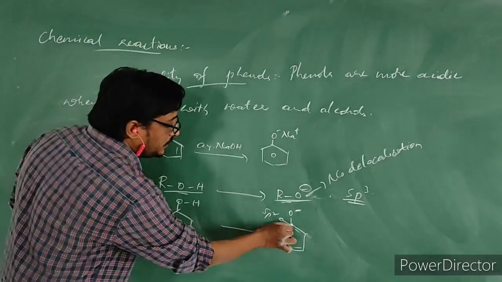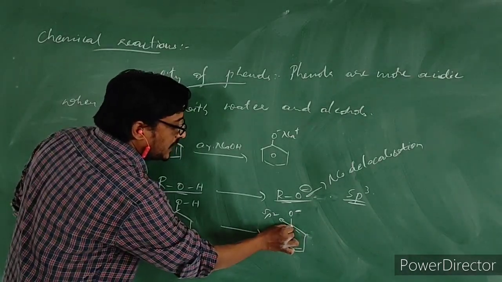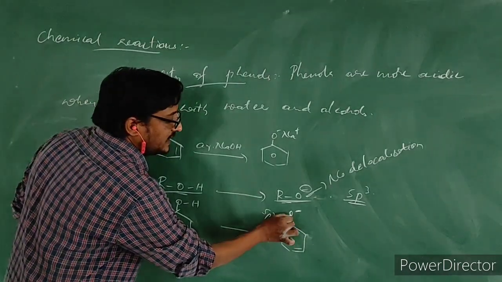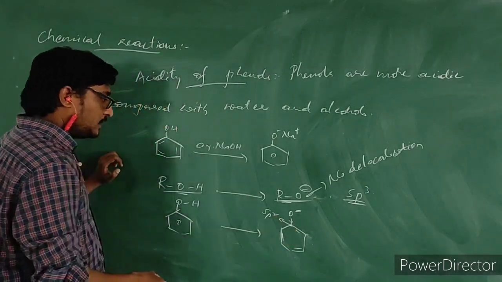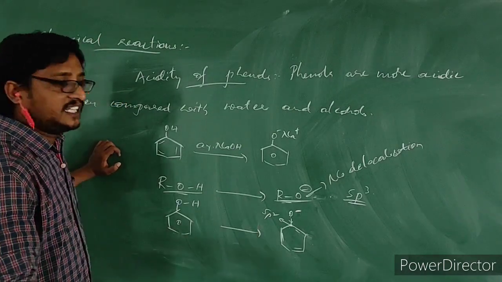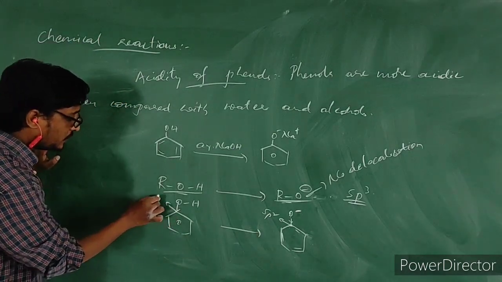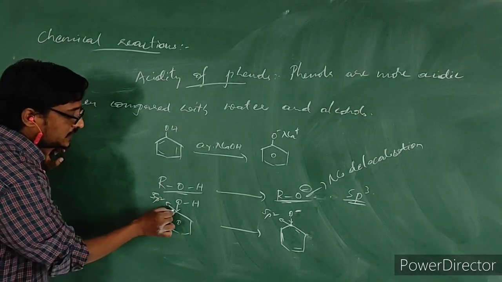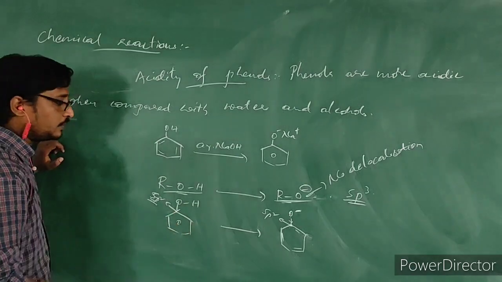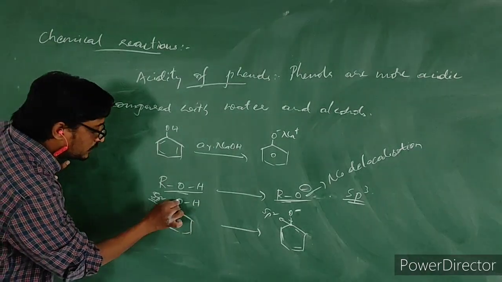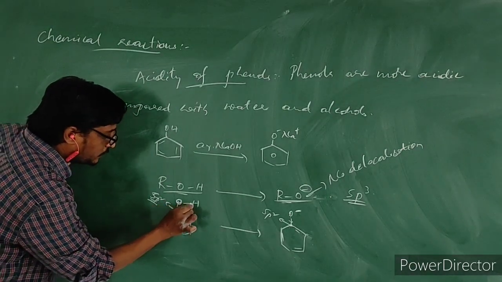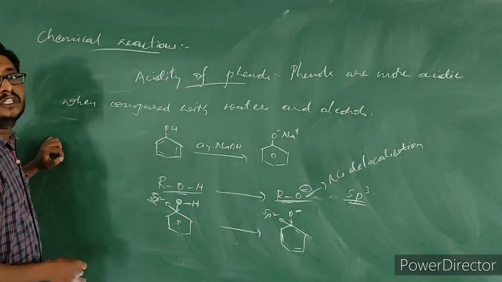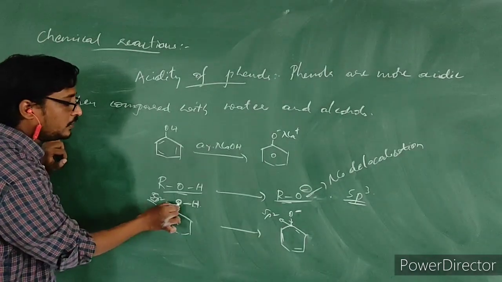Since its electronegativity is more, it will pull the electrons from this oxygen, and this oxygen will pull the electrons from the hydrogen, so that the bond between oxygen and hydrogen becomes weak.